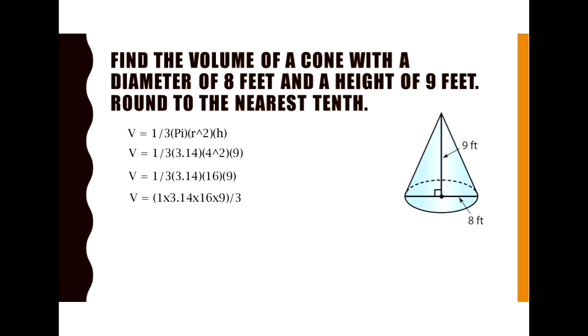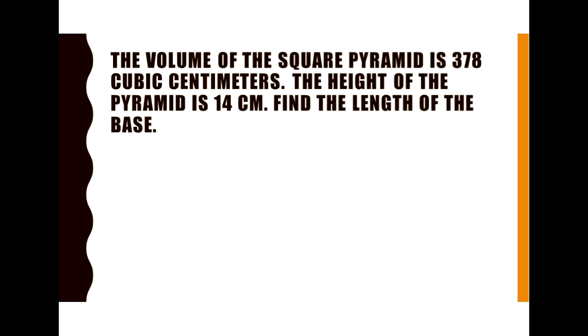Again, the units are very important when answering questions. Feet was my diameter, feet was my height, so my volume is going to be feet cubed. So we did an example of a cylinder and an example of a cone. Same process no matter what: write the formula, fill in the pieces, and then follow the order of operations.